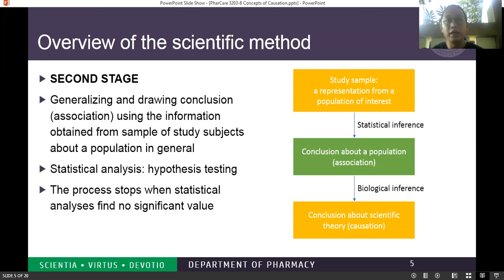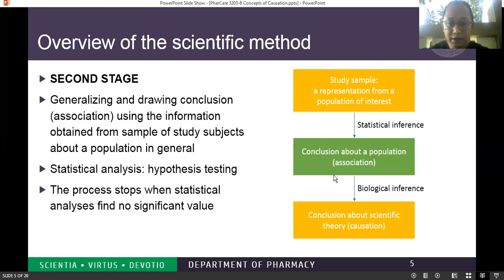Then, if applicable, we can repeat the procedure to collect better data and reanalyze the new data.